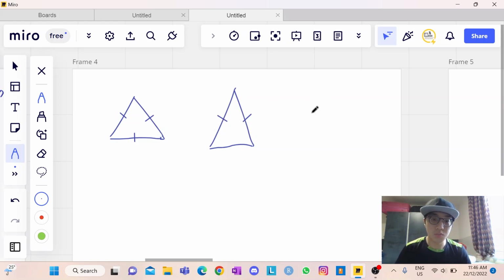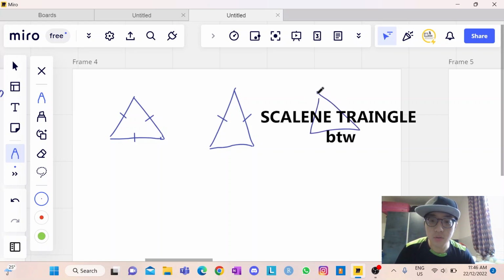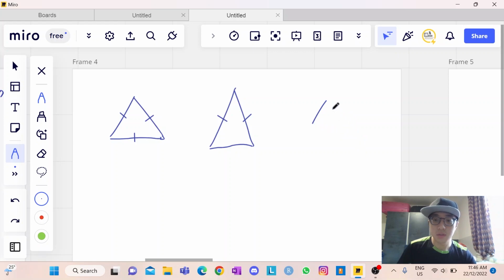And last but not least, there's a name for this kind of triangle where there are no equal sides. I kind of forgot the name, so I might add it in later. How do I draw this? Like this and like this.